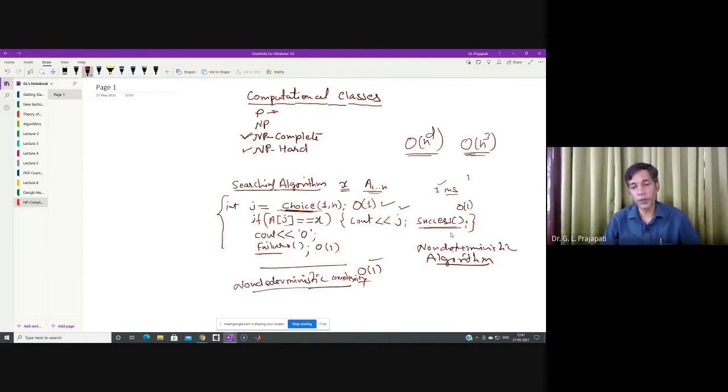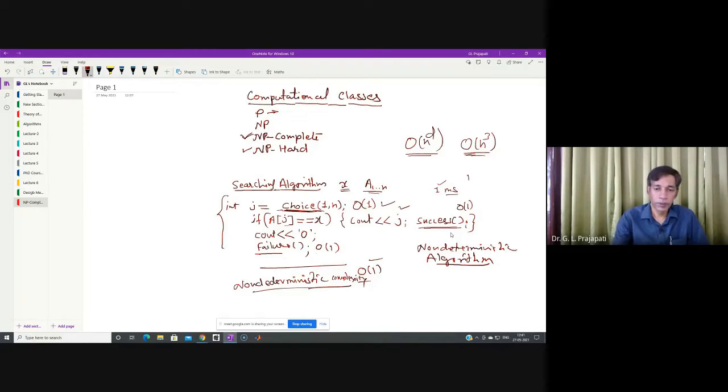So why are we going to write the non-deterministic algorithm? Because we assume that if such a programming language is available, means if such an intelligent computer is available, where we can execute this kind of statement, then many complex problems, like you have seen the 0-1 knapsack problem, satisfiability problem, queens problem, traveling salesperson problem, can be solved in reasonable time.